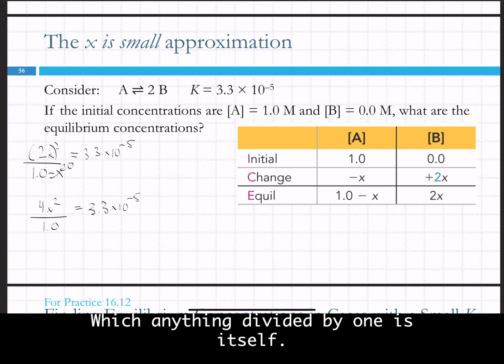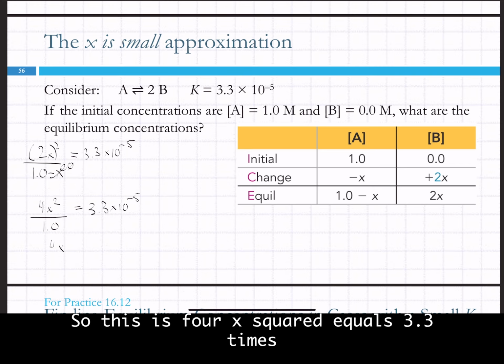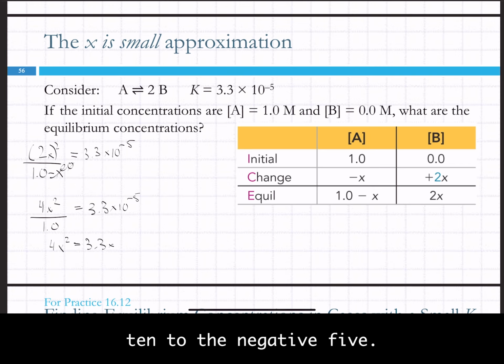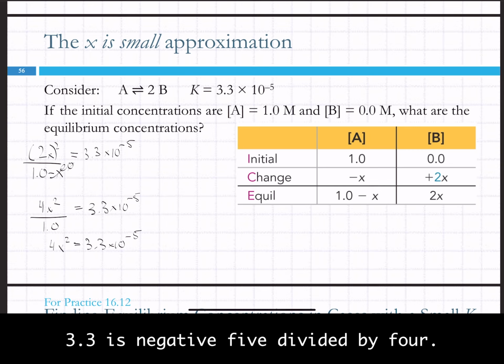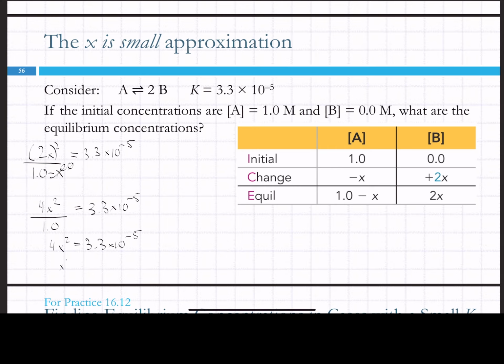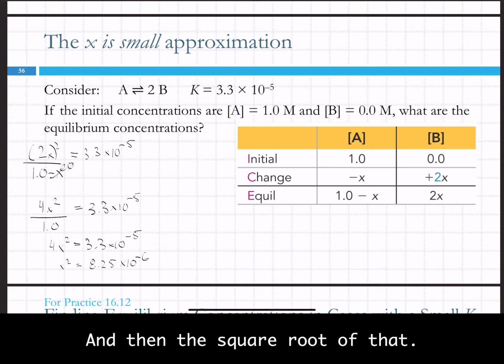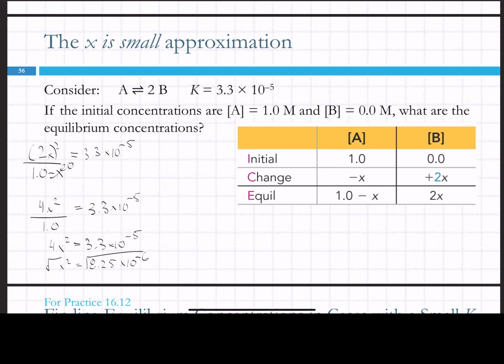Anything divided by 1 is itself, so this is 4x squared equals 3.3 times 10 to the negative 5. 3.3 e negative 5 divided by 4 is now negative 6, and then the square root of that. x equals 0.002872.